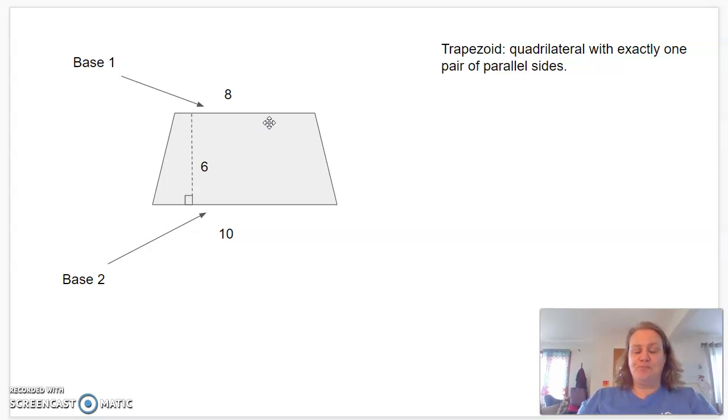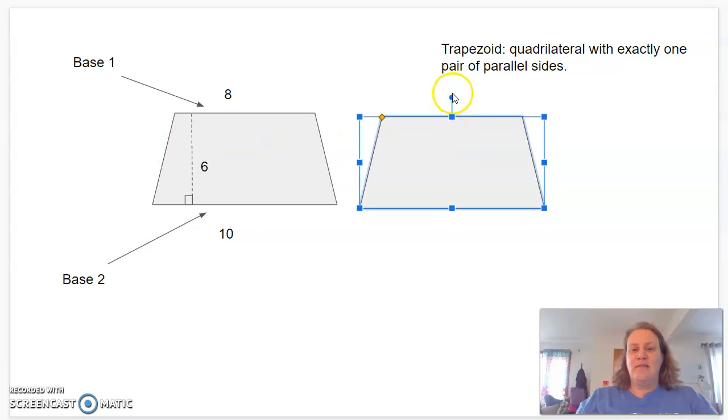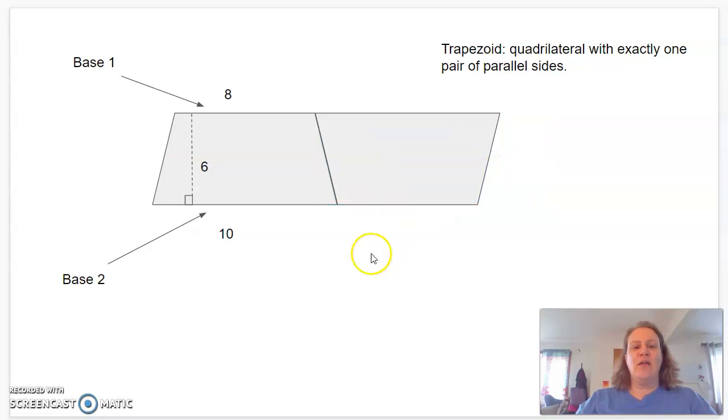The first thing that we can do is create a copy of the original trapezoid, rearrange it and compose it next to the original, and we are going to create one big giant parallelogram. Well, we know how to find the area of a parallelogram, so this is easy now.